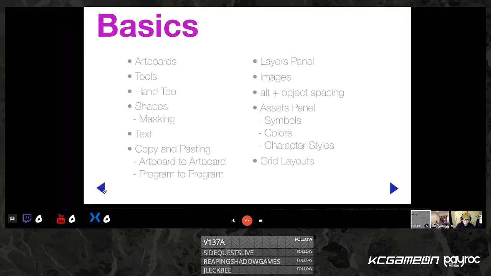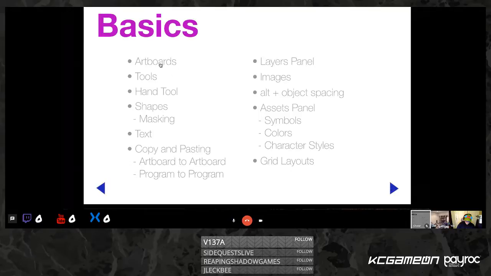We have layers panel, images, some other little functionality with shortcuts and hotkeys, assets panel, and grid layouts. These are the things that I think are probably the most significant out of the basics to cover. There's a lot of little things, but this is, I think, what will give you guys the basis of what you need.